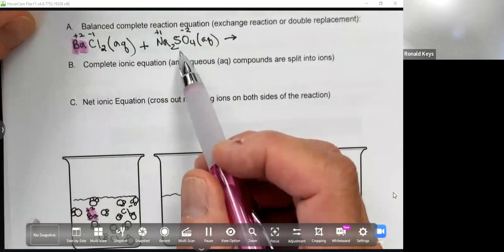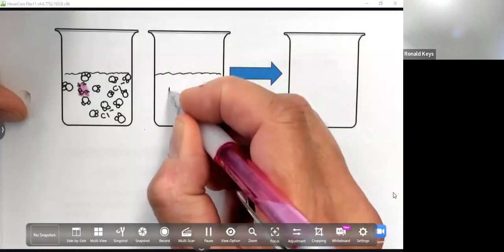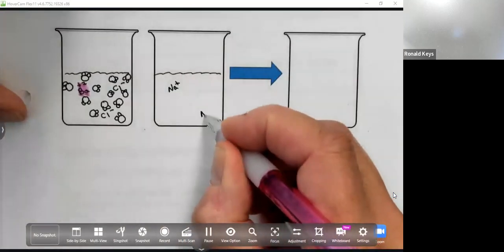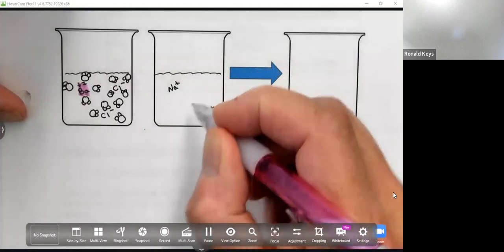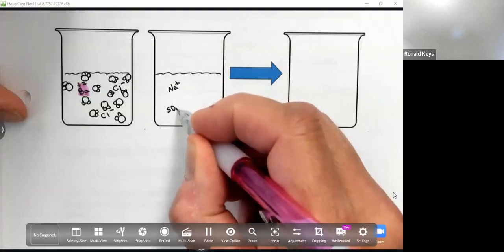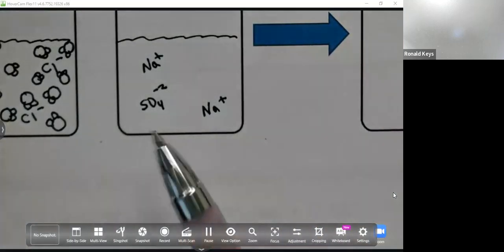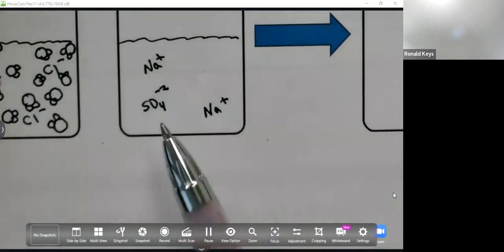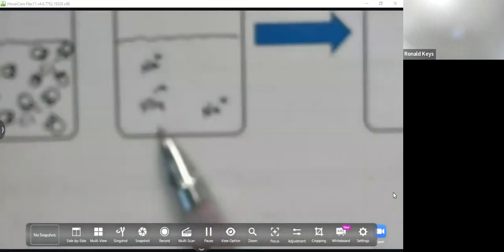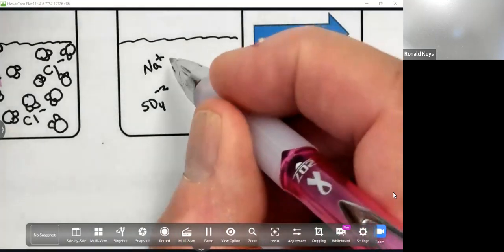This is going to split up into 2 sodiums. When this dissolves, we are going to get 2 sodiums. So I've got an Na+ here, I've got an Na+ there, and SO4 -2 stays together as a sulfate. Do not create 4 oxides and a sulfur. SO4 stays together, just as it looks like on your pink sheet. Now, how is water going to be attracted to these?